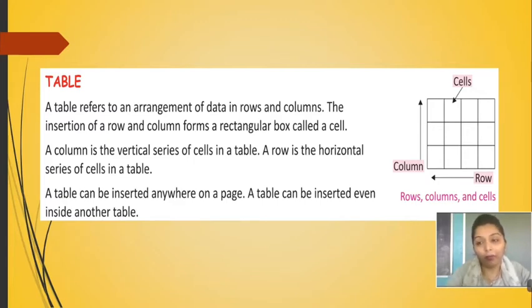The column is on vertical basis and the row is on the horizontal basis. And the small rectangular boxes are known as cells. A column is a vertical series of cells in a table and a row is a horizontal series of cells in a table, as I have told you now.